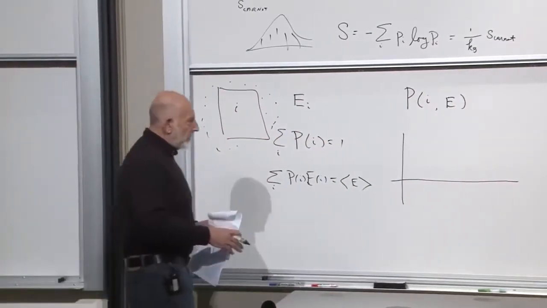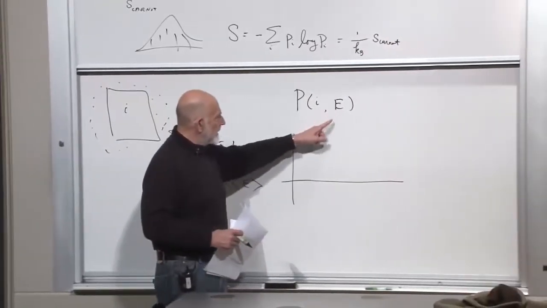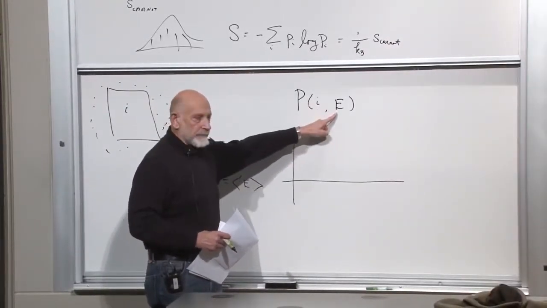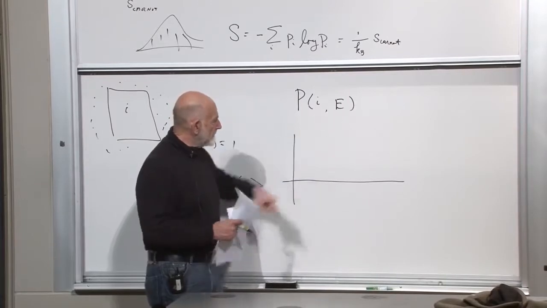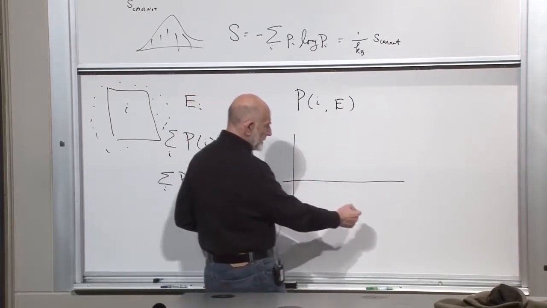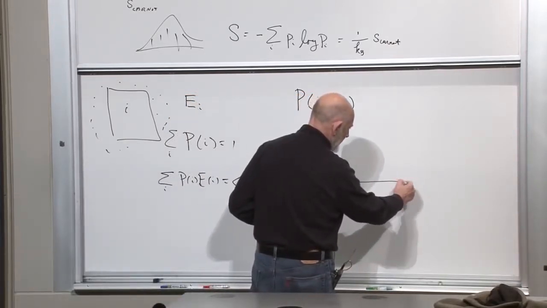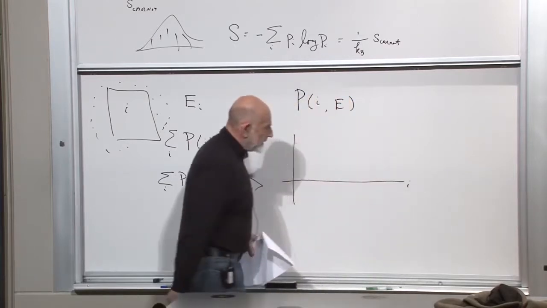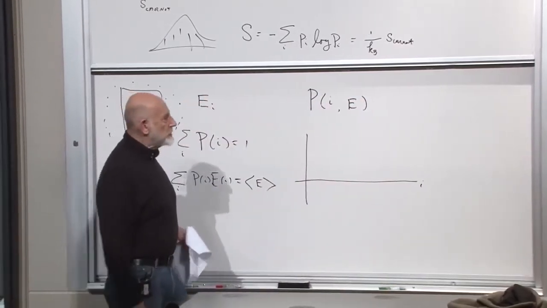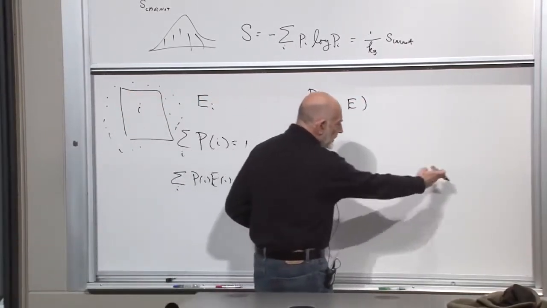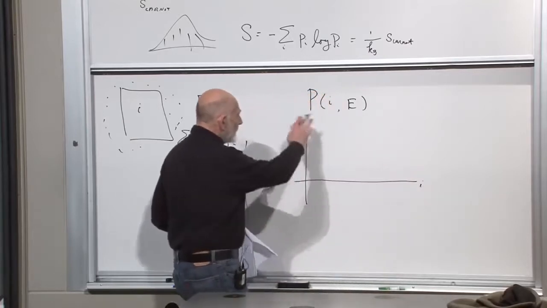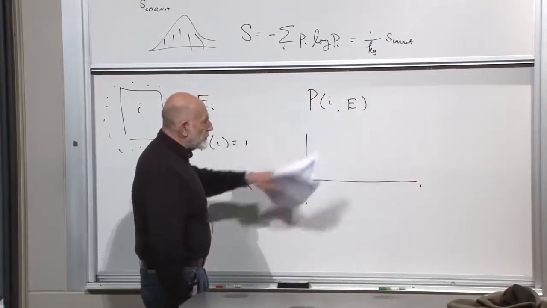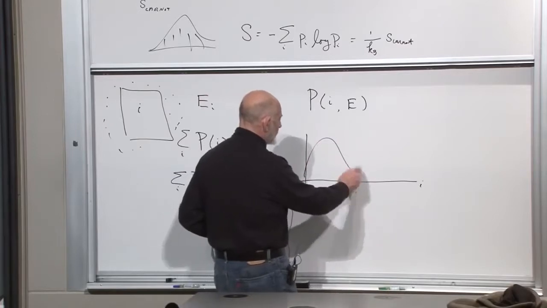There's a family of them, one for each value of the average energy. On the horizontal axis we could either plot the ith state of the system or the energy of the ith state.